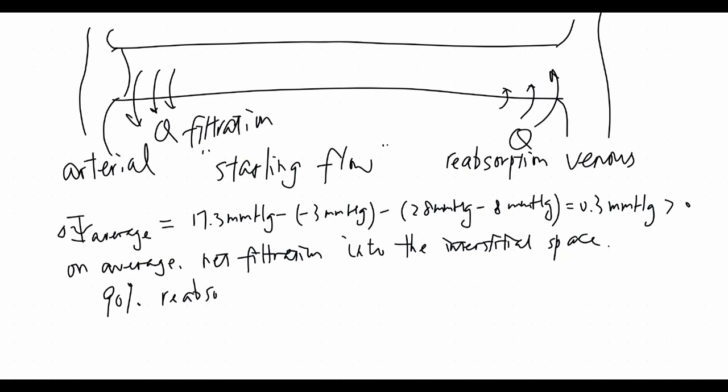So for all the fluid that is filtered at the beginning, the arterial end of the capillary, 90% of it gets reabsorbed, and 10% of it enters into the interstitial space.